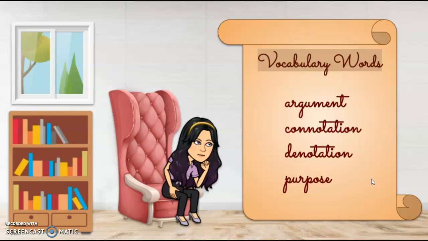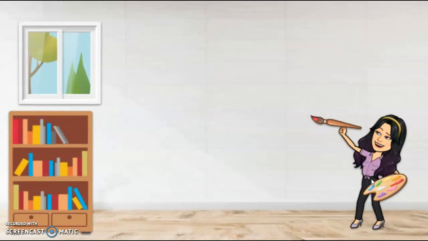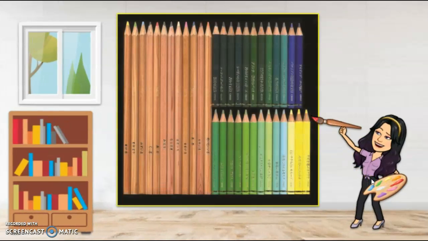Before we jump into the lesson, let's examine the 4 vocabulary words that you need to know. They are argument, connotation, denotation, and purpose. This image on the screen is a box of colored pencils. Artists often choose the colors they use very carefully, not just to depict something realistically, but also for the impact of that specific color.